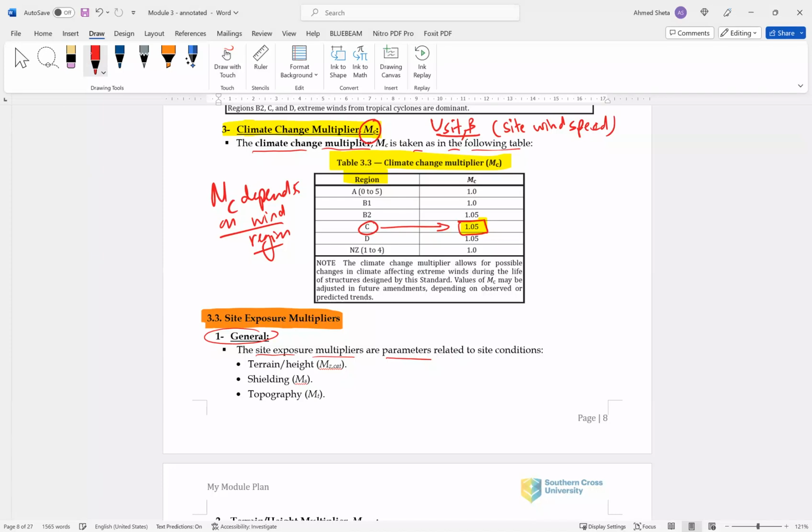These parameters or multipliers depend on the site condition, which is the terrain or height multiplier, MZ or category, the shielding multiplier, or MS, and the topography multiplier, or MT. So we have MZ, MS and MT, three site exposure multipliers.